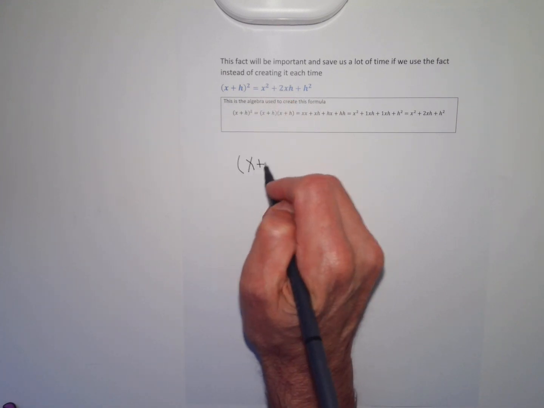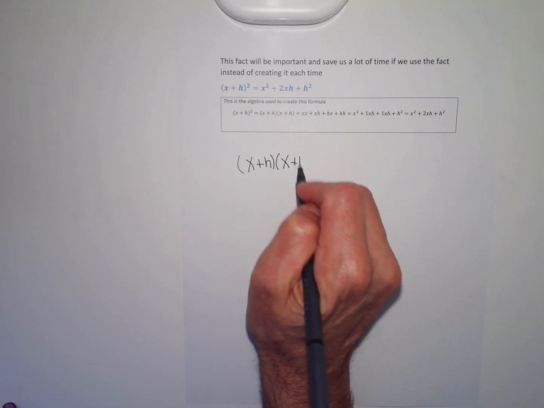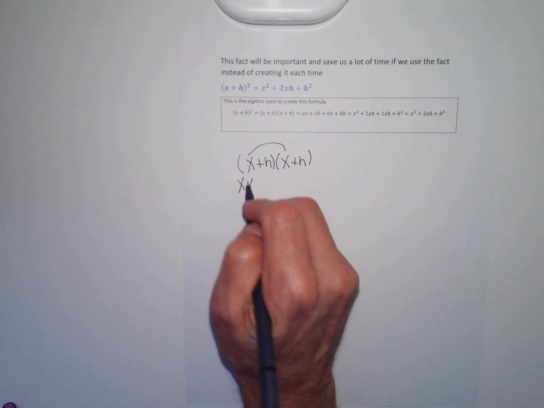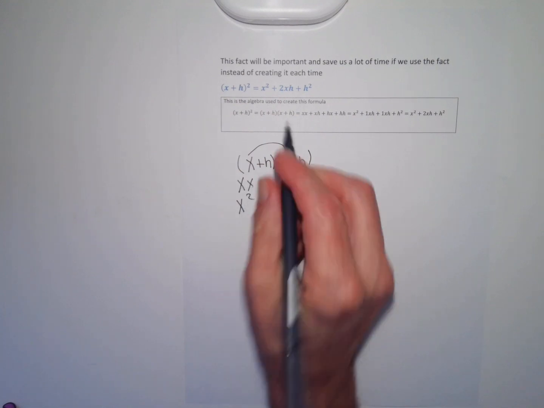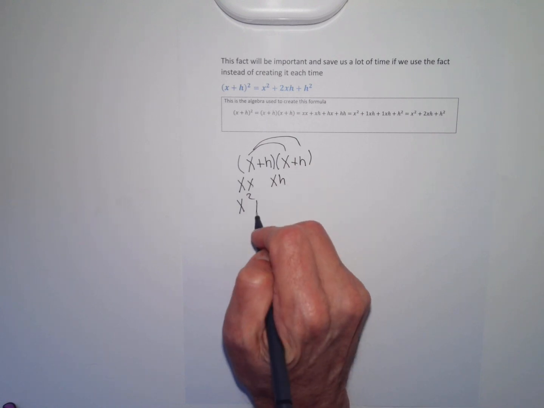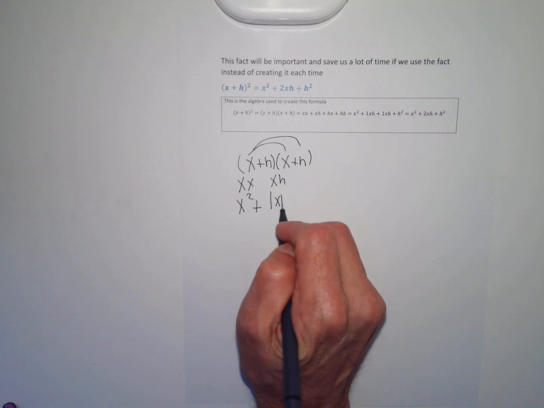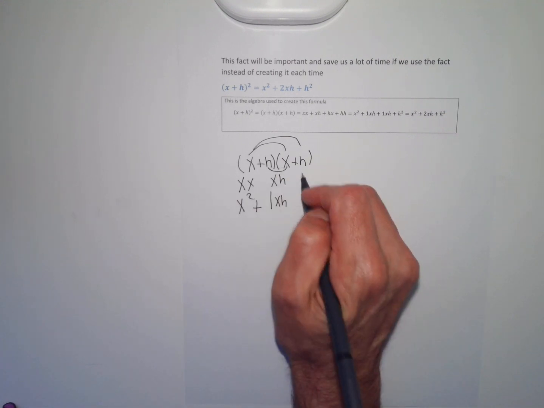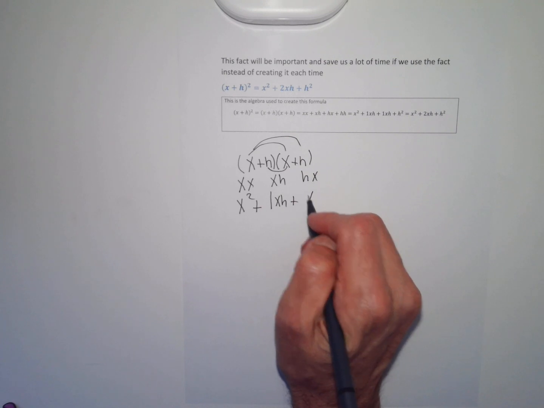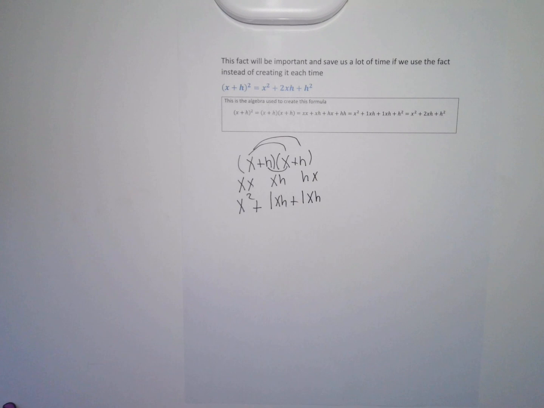(x plus h) squared is (x plus h) times (x plus h). So I'll do firsts are x times x, which is x squared. Outers are x times h. They're both positive, so I'm going to get 1 plus, and I'll sneak a 1 in front to make the algebra easier. Inners are h times x. They're both positive, so I put a plus sign. I write the x first and the h second just because that's what I'm used to doing, and there's an implied coefficient of 1.